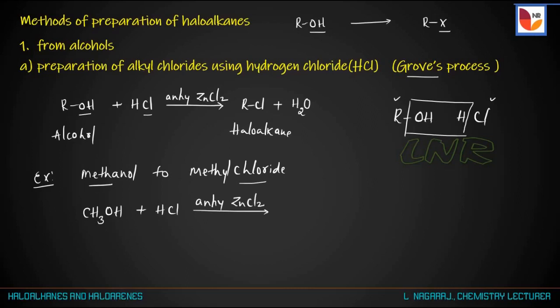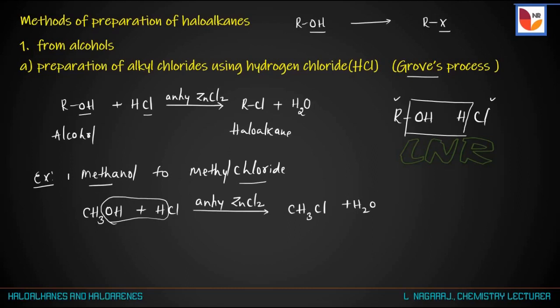So this anhydrous zinc chloride acts as a catalyst, that is, it increases the rate of chemical reaction, and it gives the product, that is OH and hydrogen is to be eliminated as water molecules, H2O, and the main product is CH3Cl. That is conversion of methanol to methyl chloride.